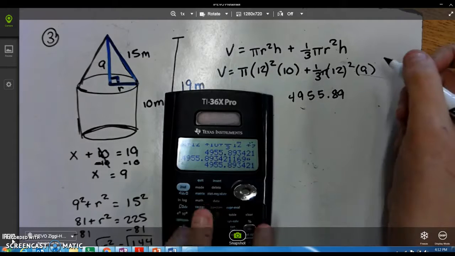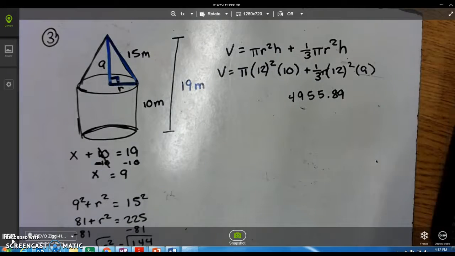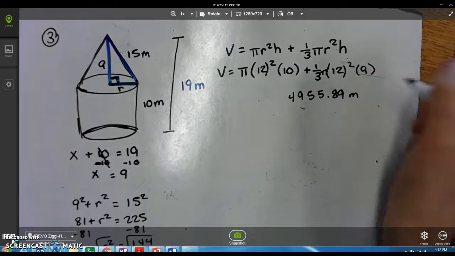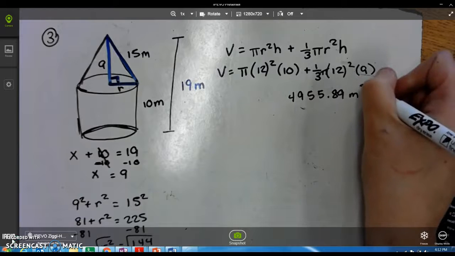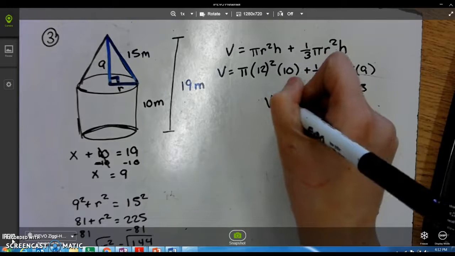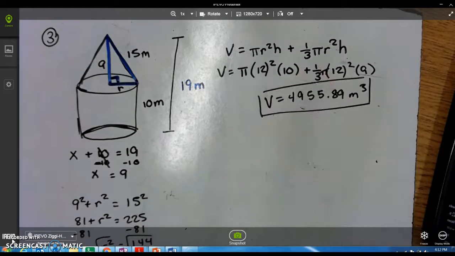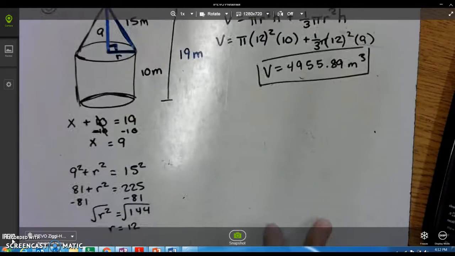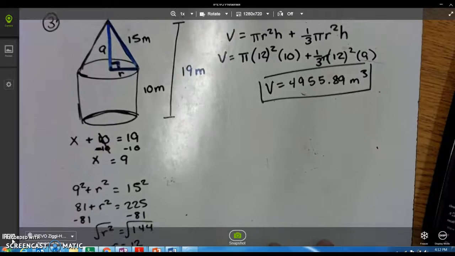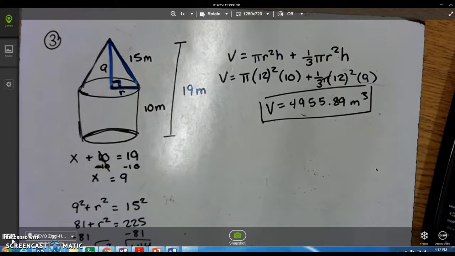Any questions? Millimeters, or just meters, cubed. This is my volume of this composite figure, and that's the volume of them added together.